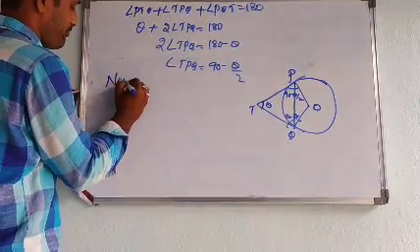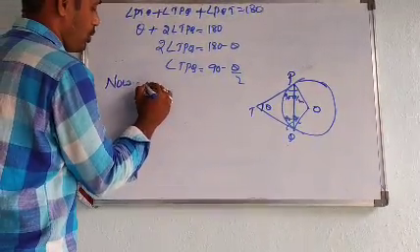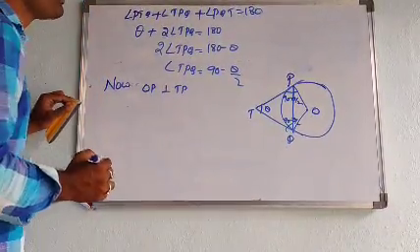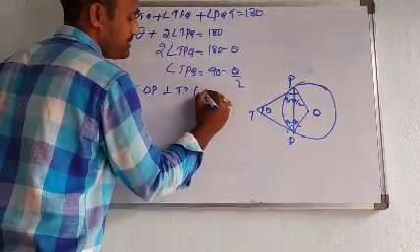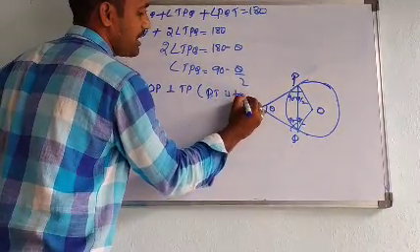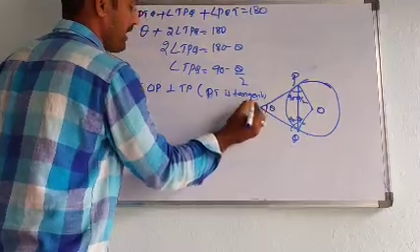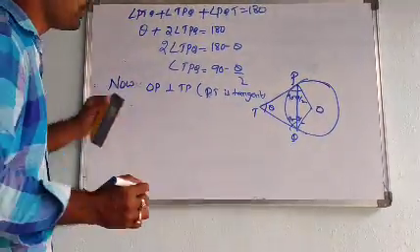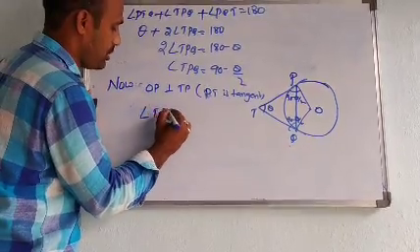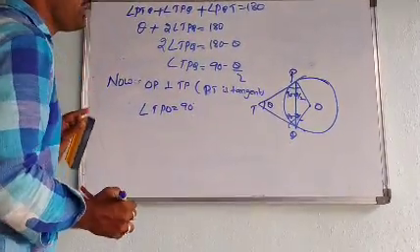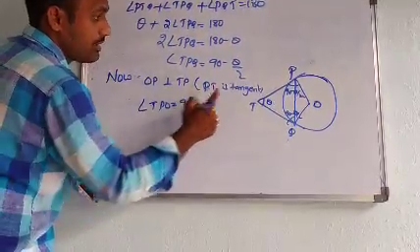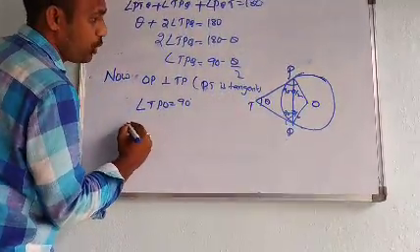Now OP is perpendicular to TP, since PT is tangent. According to the theorem, OP is perpendicular to TP. It means that angle TPO will be 90 degrees. Now our consideration is to get angle OPQ.